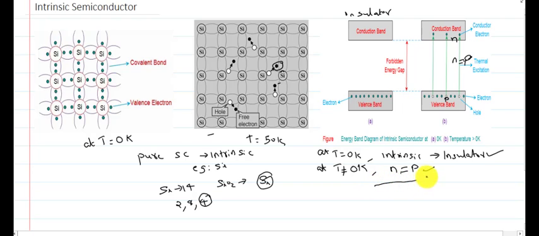This is EC, the conduction band energy, and this is EV, the valence band energy, and the middle level is known as EI. EI is known as the intrinsic level.